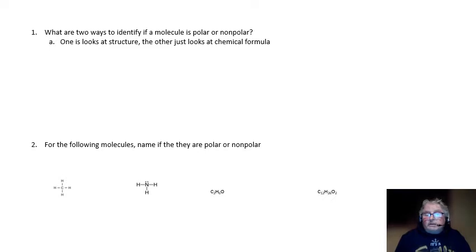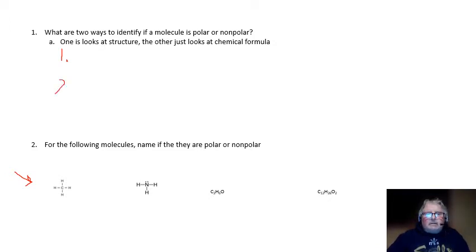And the two ways are, one, okay, I know I have this here, but what are the two ways? Well, the first way is if you're given the structure, which we'll show down here, if the center atom has the same things attached to it, it will be nonpolar.